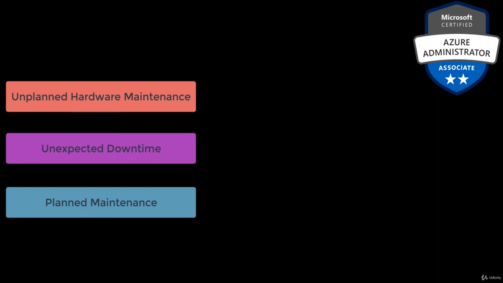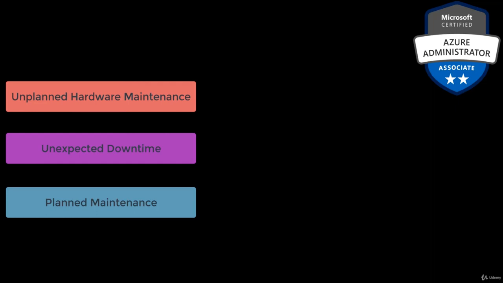What is planned maintenance? Planned maintenance events are periodic updates made by Microsoft to the underlying Azure platform, and this is done to improve overall reliability, performance, and security of the platform infrastructure that your virtual machines run on.